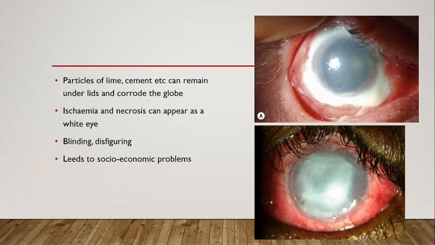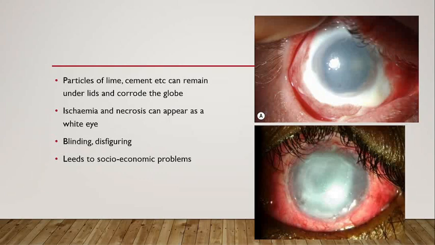And the most important thing is sometimes these particles of lime. Lime is an alkali that can lodge inside the lid and then give rise to more and more damage, because the important thing is the pH of the substance and the duration of the exposure. So the more time you keep it inside the eye without noticing or under the lid, the more damage.